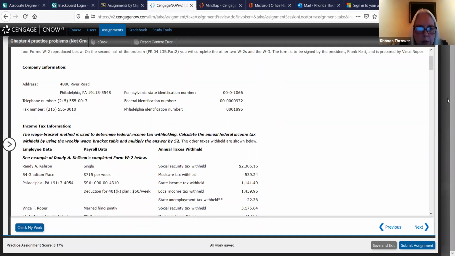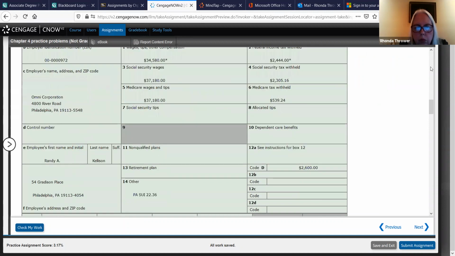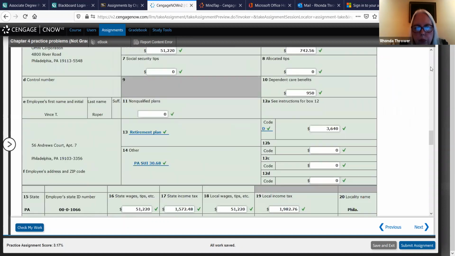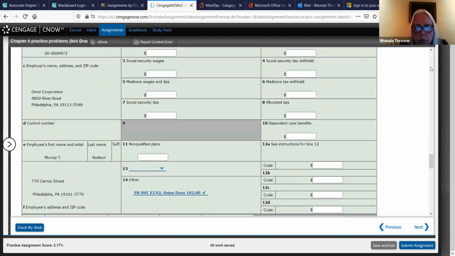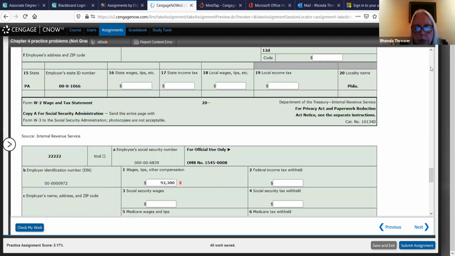I've forgotten how to pause it. Okay, I'm going to stop sharing for just a minute and pause the recording, and then I'll get right back to you.